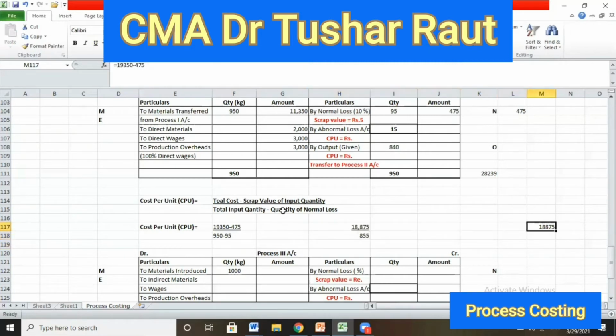So 18,875 divided by 855 will be 22.076.